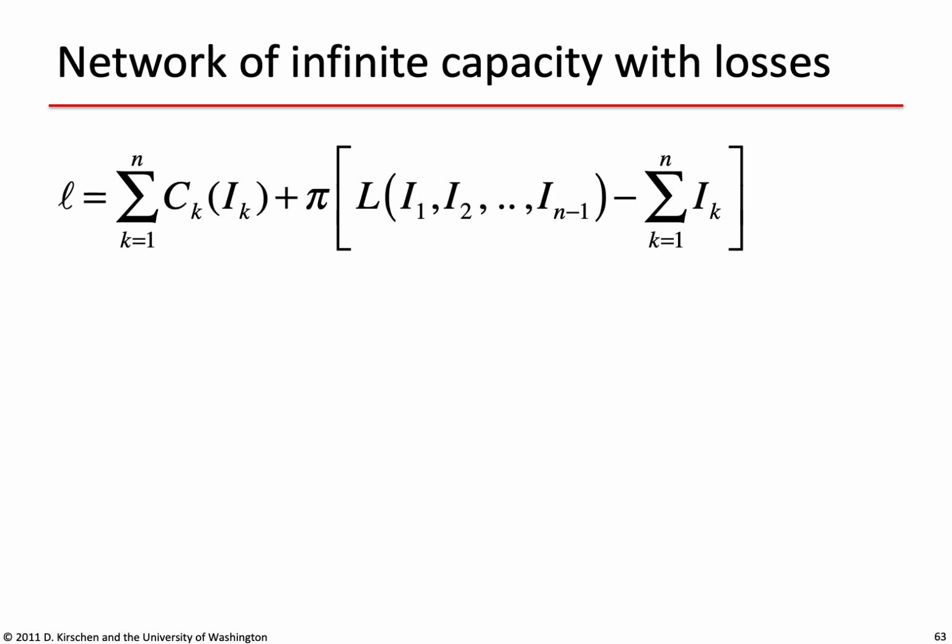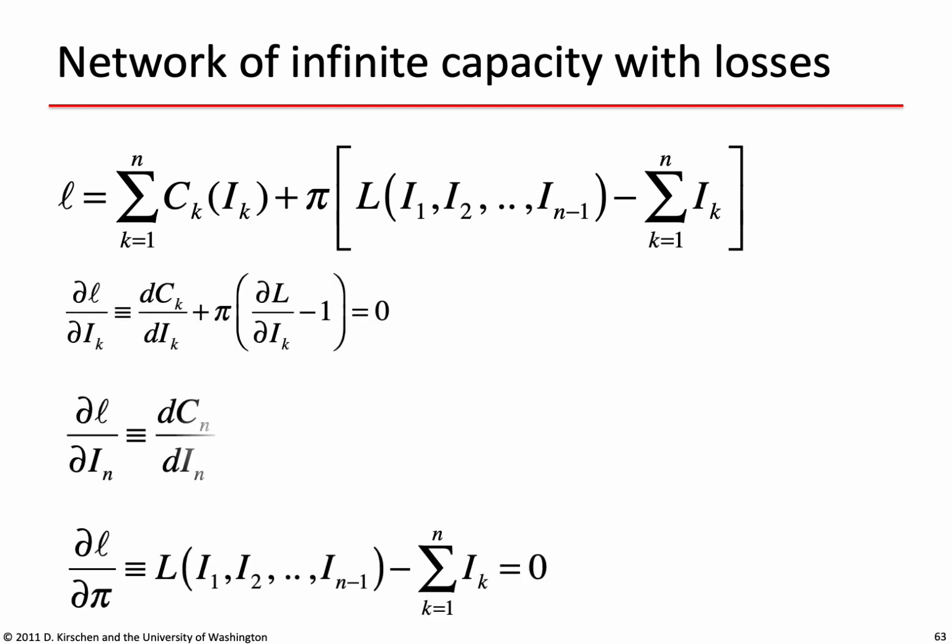So we can form a Lagrangian for this optimization problem. It's equal to the objective function, the sum from k equals 1 to n of Ck of Ik, plus the Lagrange multiplier pi times the difference between the losses and the net injections.